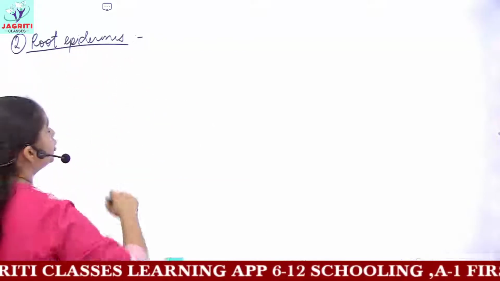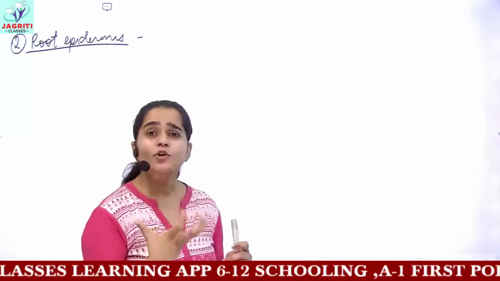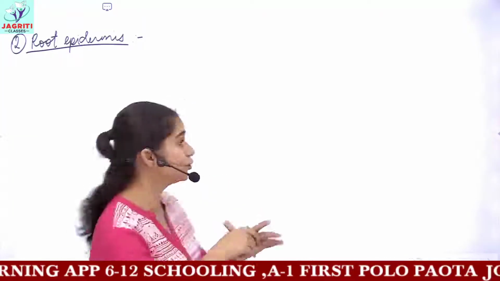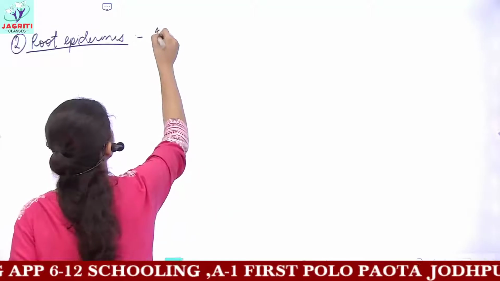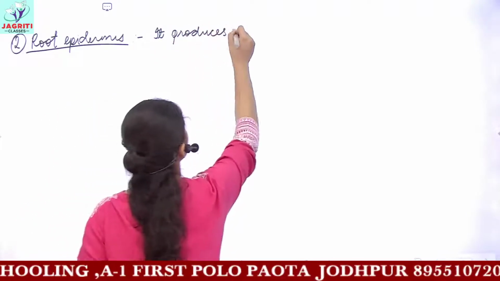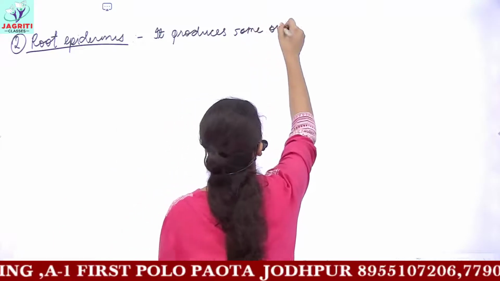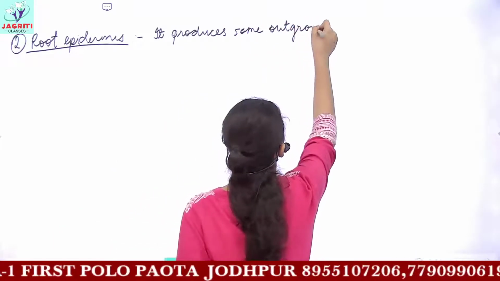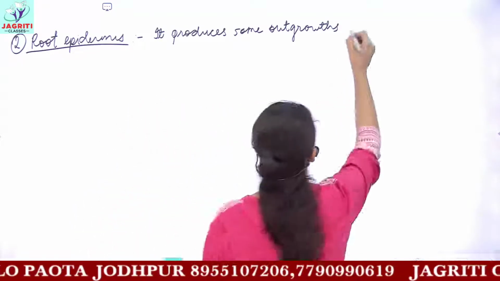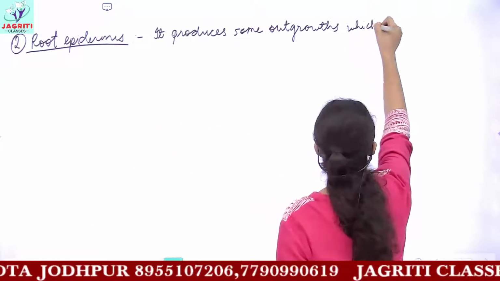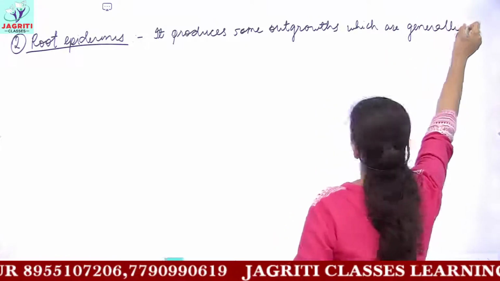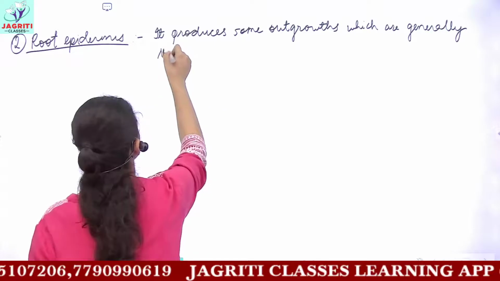You can write this on your own. The next point in root epidermis is that this outermost covering also grows or produces some outgrowths, that is, it extends further, and these outgrowths are generally thread-like.